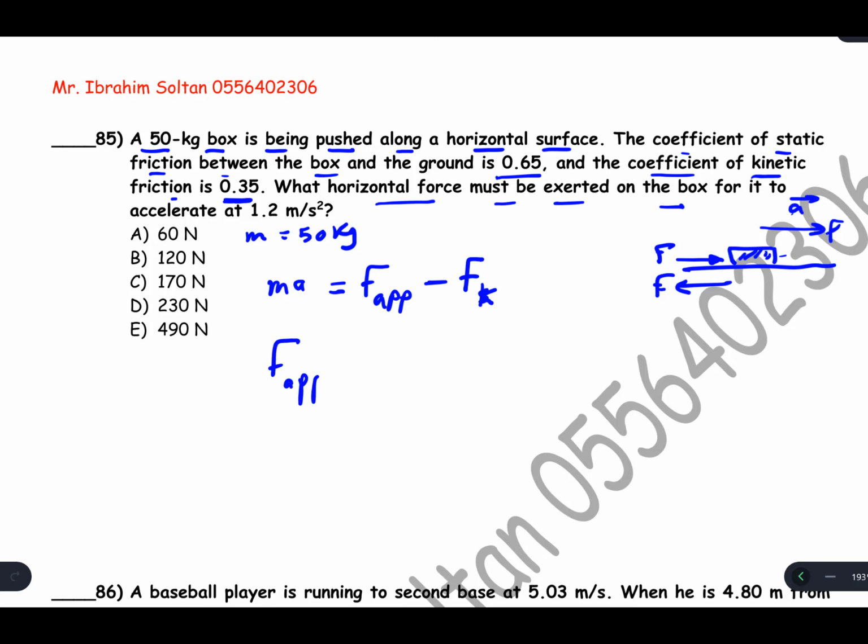So F applied, he needs you to calculate F applied, equals Ma plus F, the friction force.